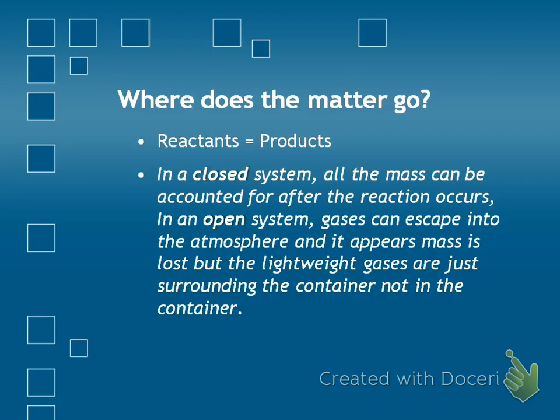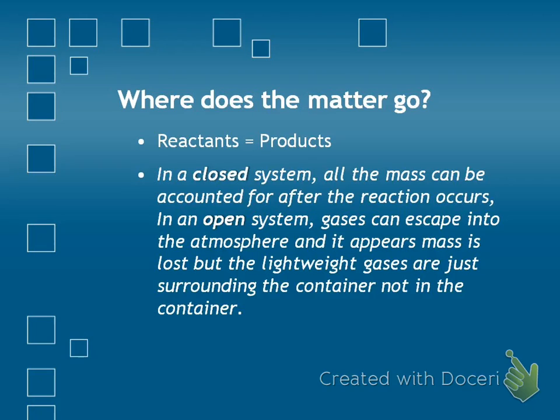So if we do it in a sealed baggie or a sealed test tube or a flask with a stopper on the top, that's a controlled environment, and your starting mass is going to equal your ending mass. However, if you do it in an open test tube or an open flask or an open baggie, if any gases are formed, gases have very low densities and they will escape.